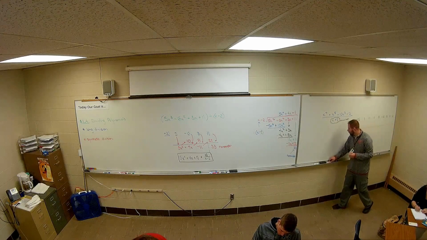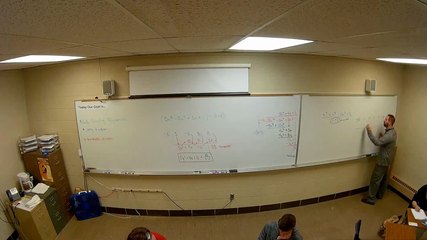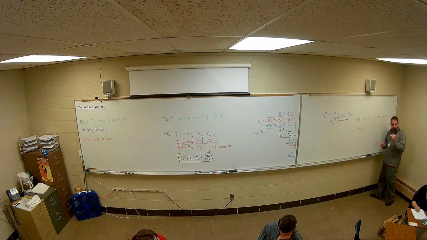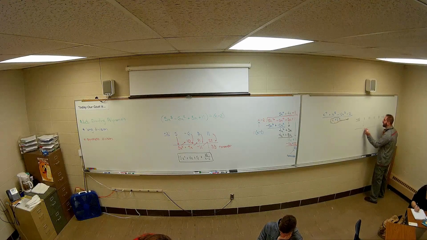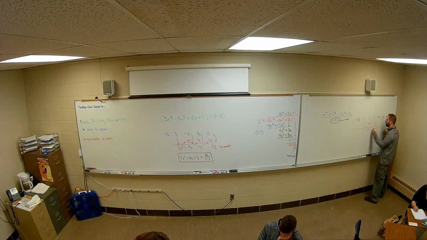All right, so going through this problem, we're going to go through the steps just like I did before. Always drop the first number straight down. Now, what do I do with that? Times the number in the box. So what's 1 times the negative 2? Negative 2. Add straight down. Multiply by the number in the box. Add straight down.